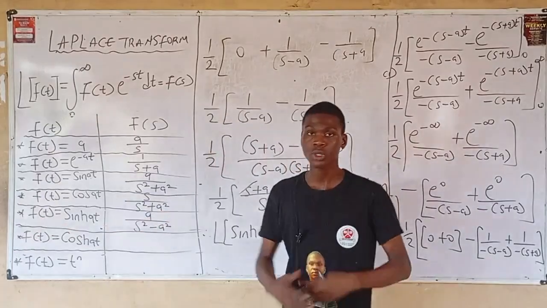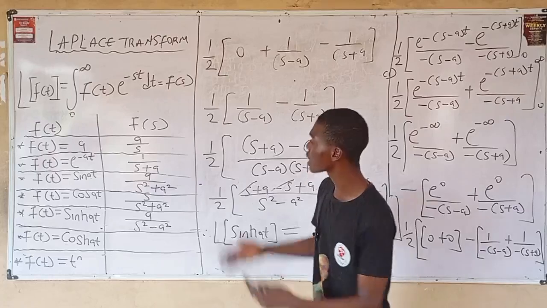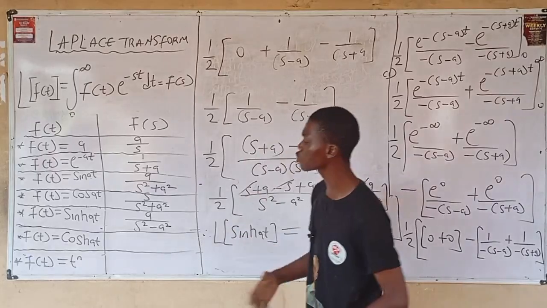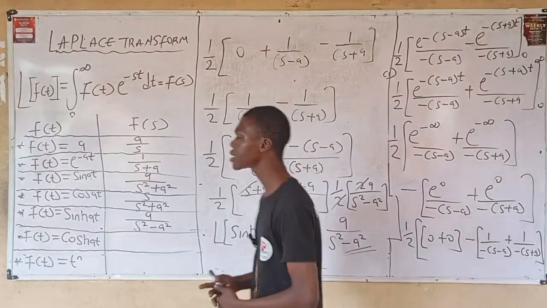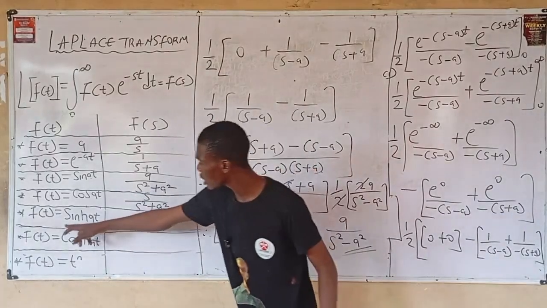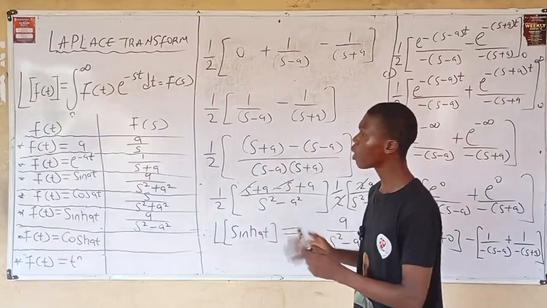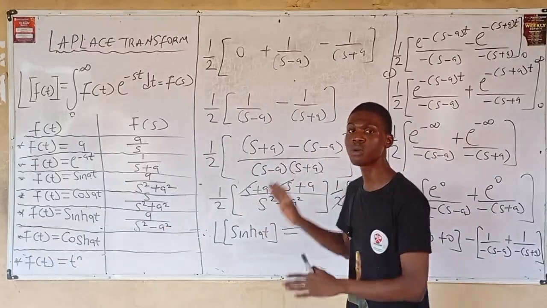So similarly, without solving for cosh at, the Laplace transform becomes what? s all divided by s squared minus a squared, right? But these two, sinh at and cosh at, this is the expected way. What we've done so far is the normal way to go about it.